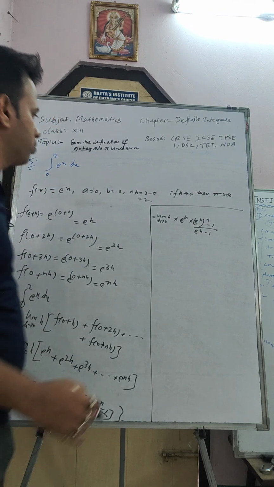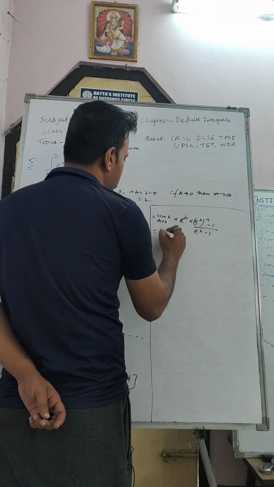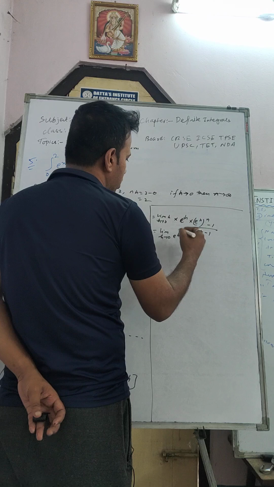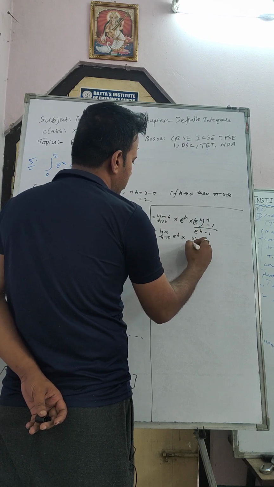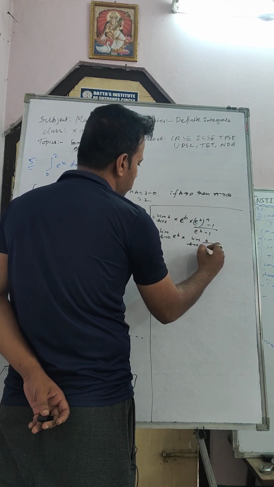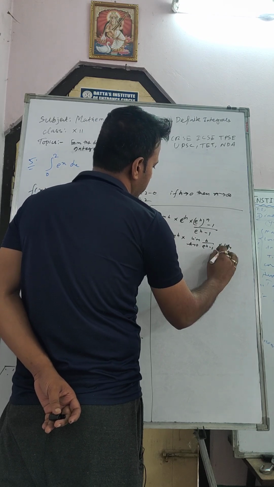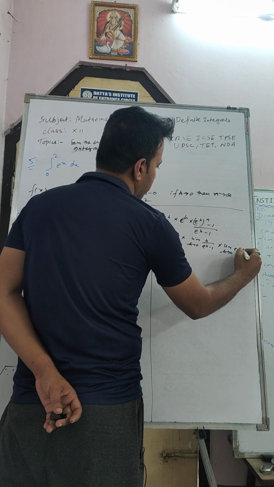So I write limit h tends to 0 of h by (e to the power h minus 1), and limit h tends to 0 of (e to the power nh minus 1).